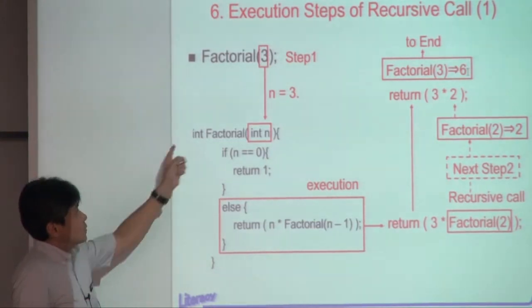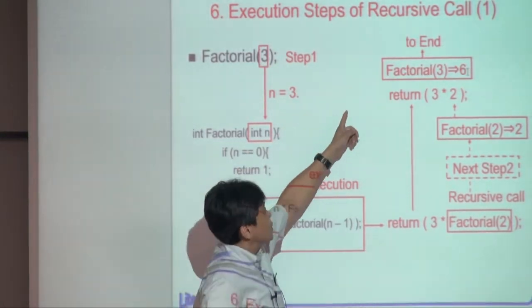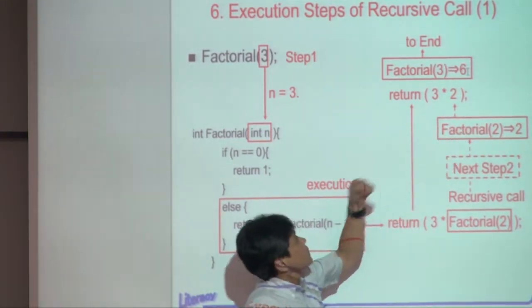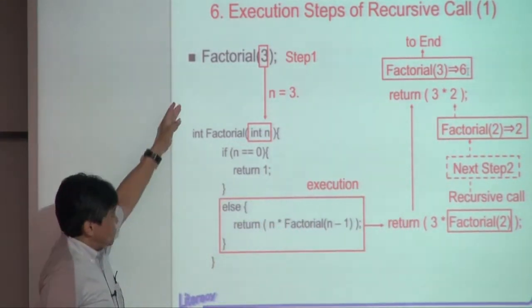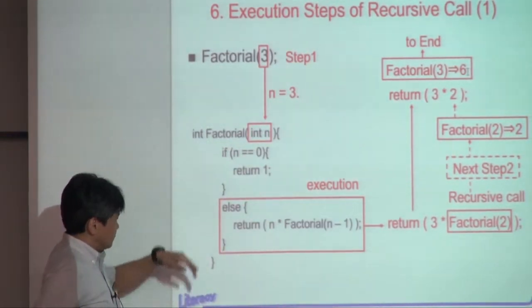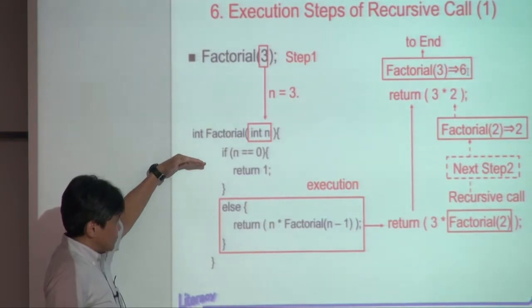Of course, factorial 3 is very easy to calculate. The answer is 6. However, the program calculates it inside as shown here.